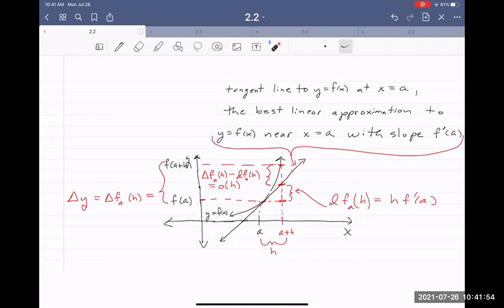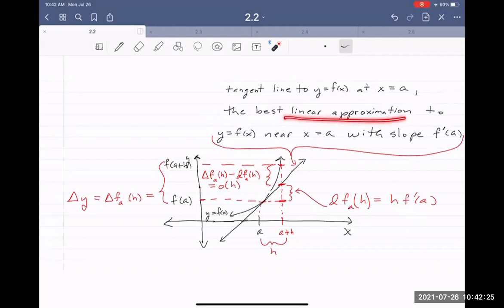Then let's take another point on the line and look at the secant line through a and f of a plus h. The tangent line to y equals f of x at x equals a is the best linear approximation to y equals f of x near x equals a, which has slope f prime at a.